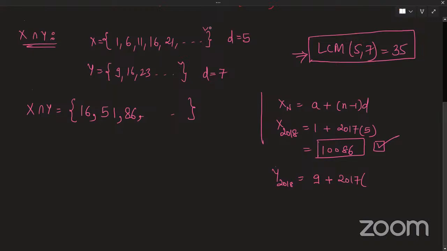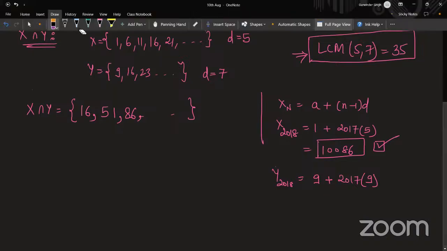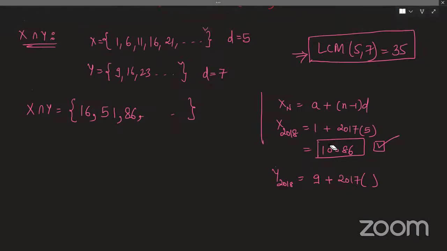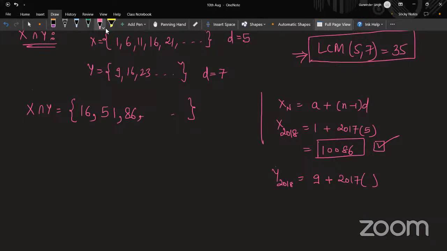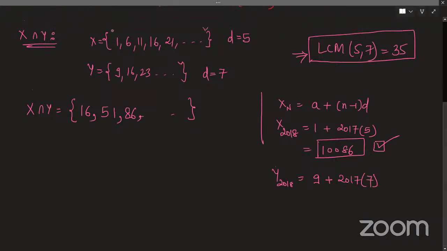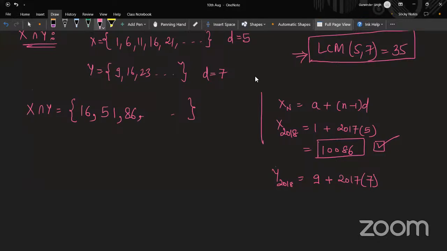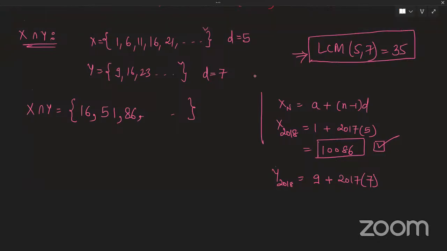Okay, just a second. Oh, sorry, it is 7, right? Yes, it is 7. Okay. So see, whatever this number is, I want to take the minimum.